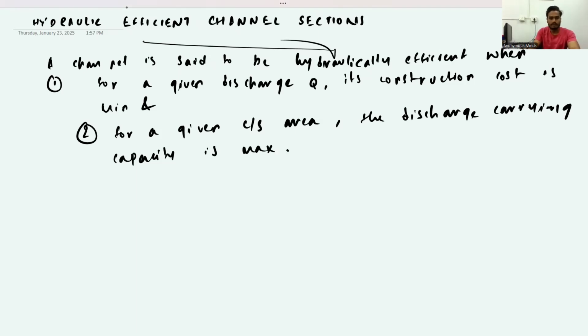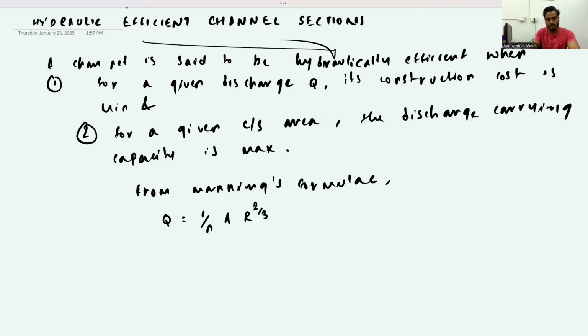Now we know that from Manning's formula, I can write discharge capital Q is equal to 1 upon n A R to the power of 2 by 3 and S to the power of 1 by 2, where n is the Manning's roughness coefficient, A is the wetted area, R is the hydraulic radius, and S is the slope.